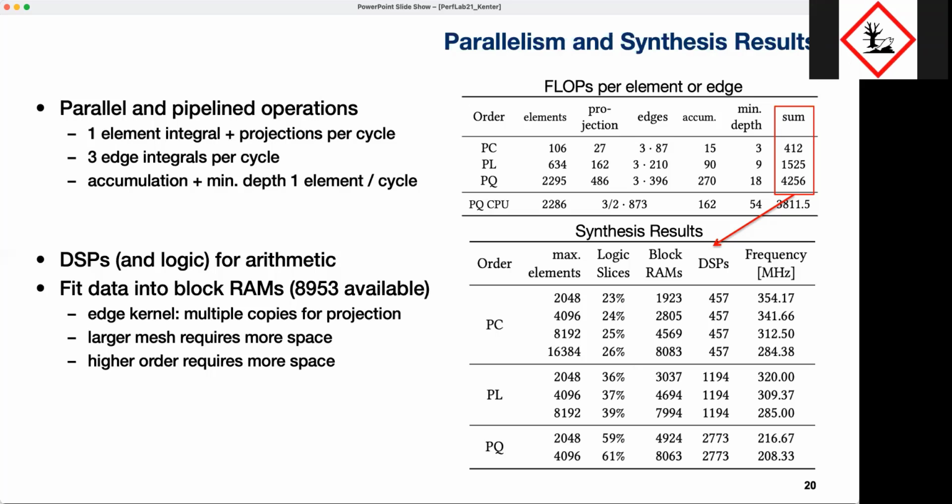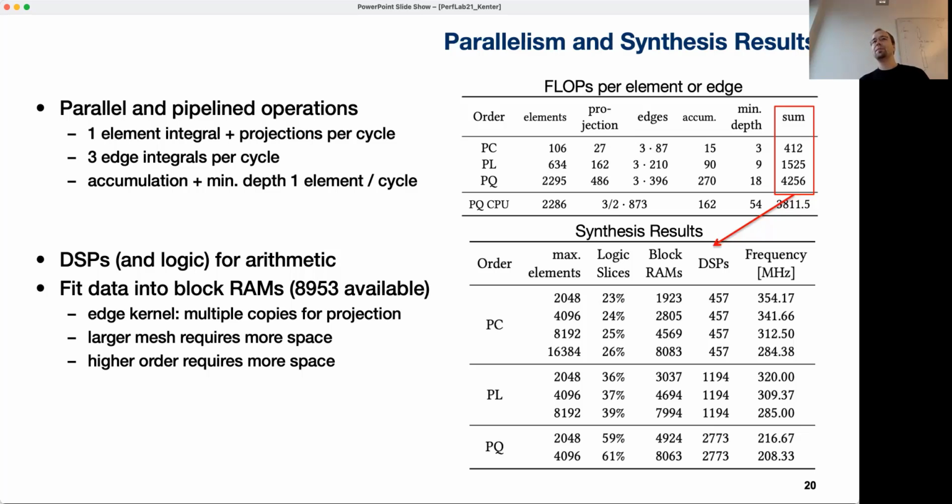Right. So my question is, do you know how this compares to, say, an A100 or something, performance-wise? We didn't do any experiments on that. My assumption is, there are other works on discontinuous Galerkin methods on GPUs. Generally, there are two challenges.